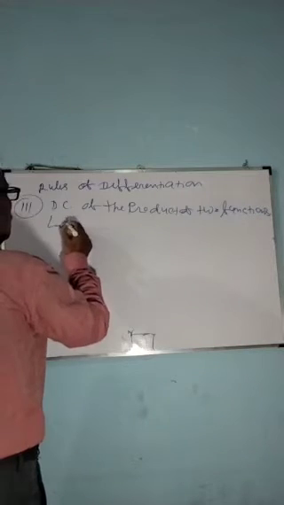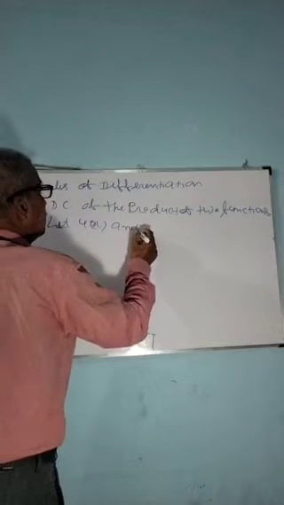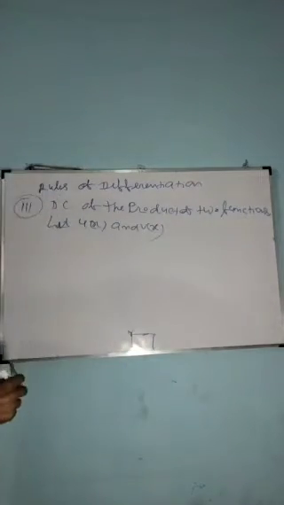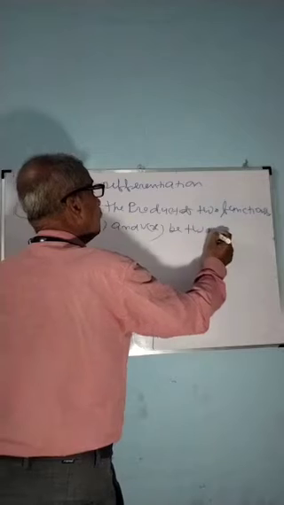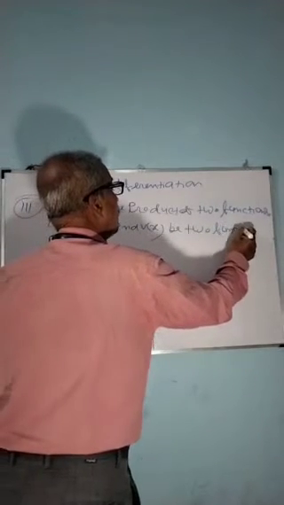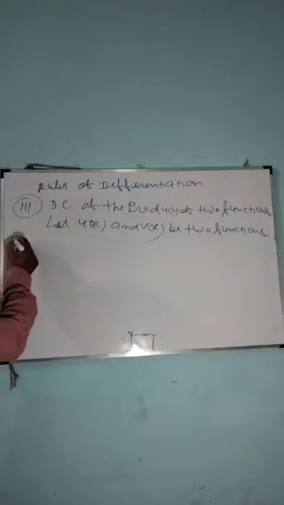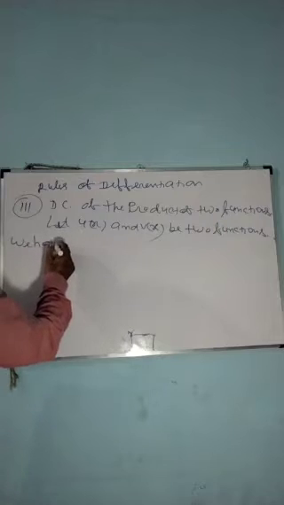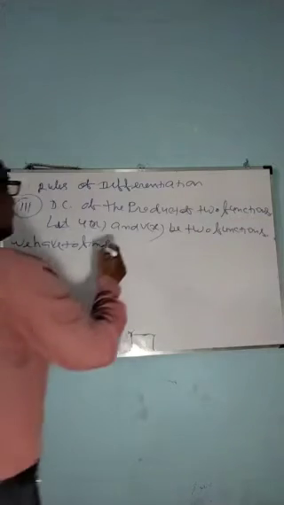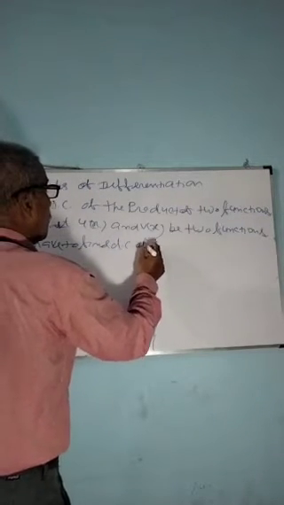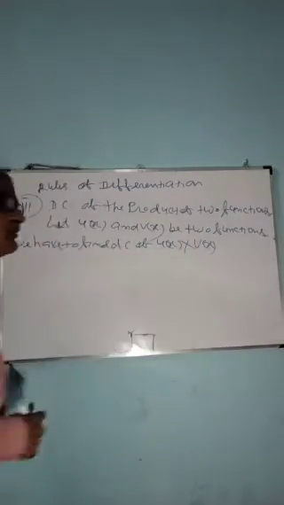Let u(x) and v(x) be two functions. We have to find DC of u(x) into v(x).